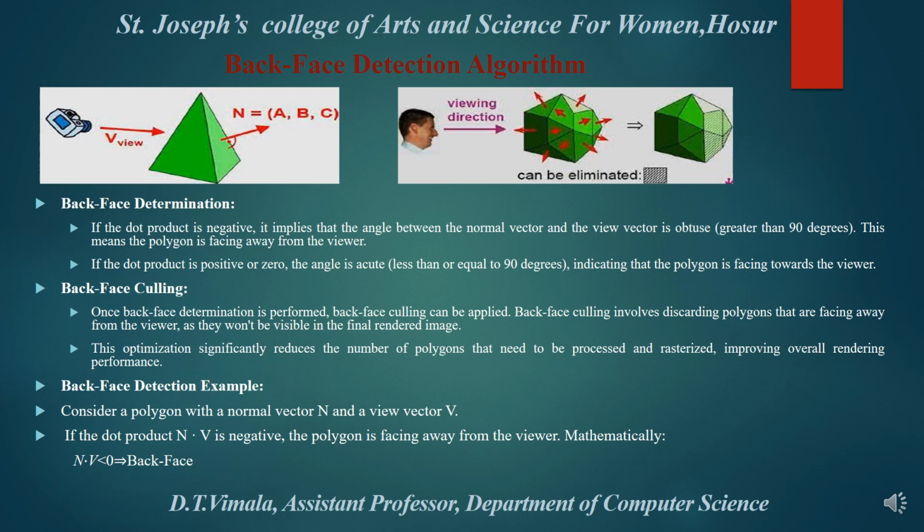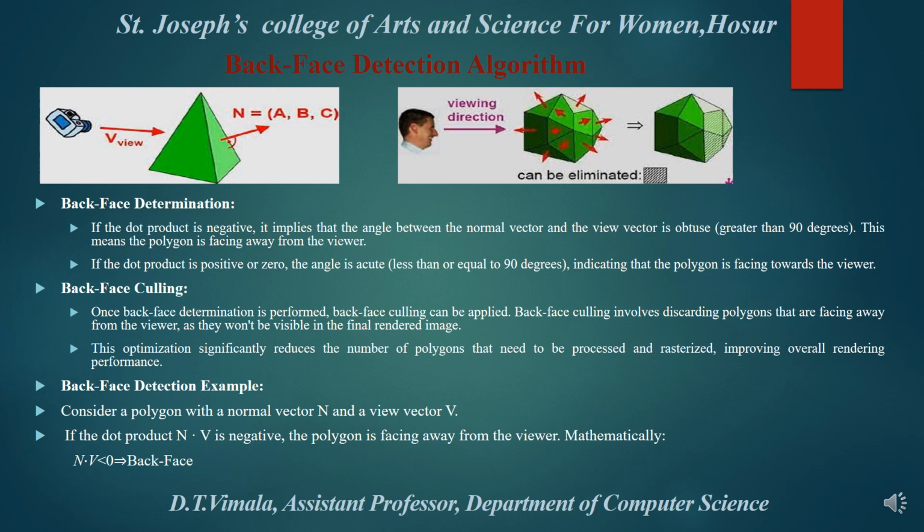Back face culling. Once back face determination is performed, back face culling can be applied. Back face culling involves discarding polygons that are facing away from the viewer as they won't be visible in the final rendered image. This optimization significantly reduces the number of polygons that need to be processed and rasterized, improving overall rendering performance.